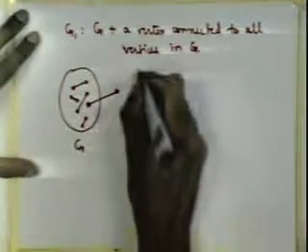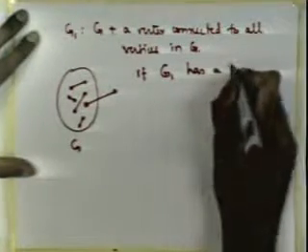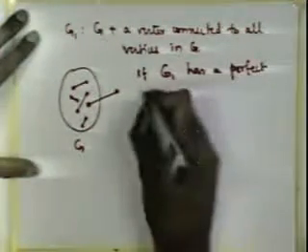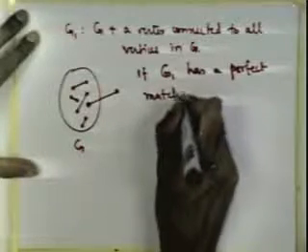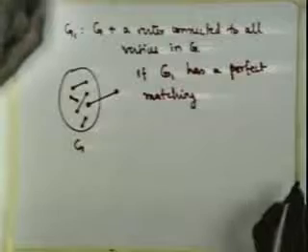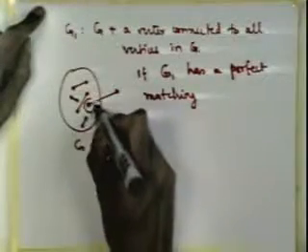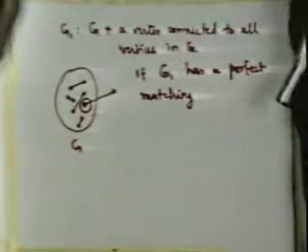If G1 has a perfect matching, this is how it looks, which means if I remove this vertex, the rest of the graph has a perfect matching.